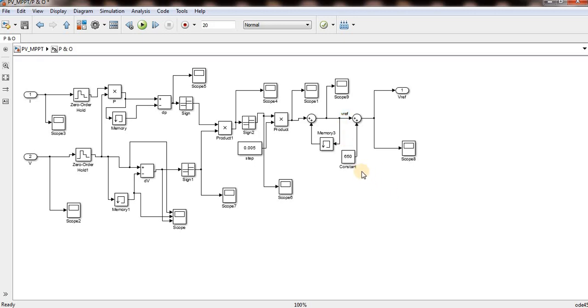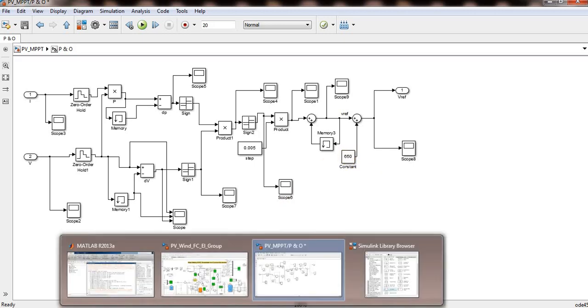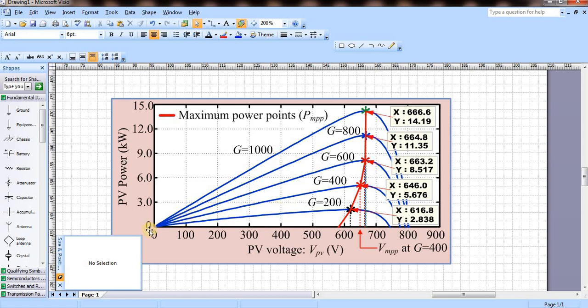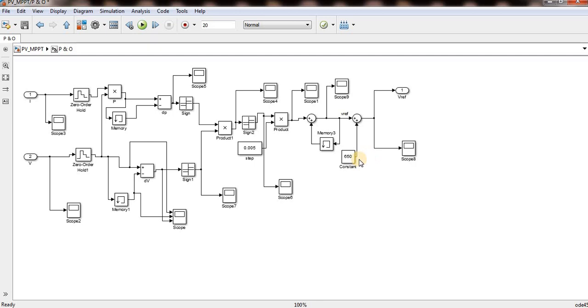But actually I told you that I will add some value because I don't want to start from zero, because there is no use starting from zero. It will take more time to reach this value. So I added like 600 or 650 or whatever starting point you can add, and this is my V reference. This is the simple P and O algorithm, and the logic is I designed like this.